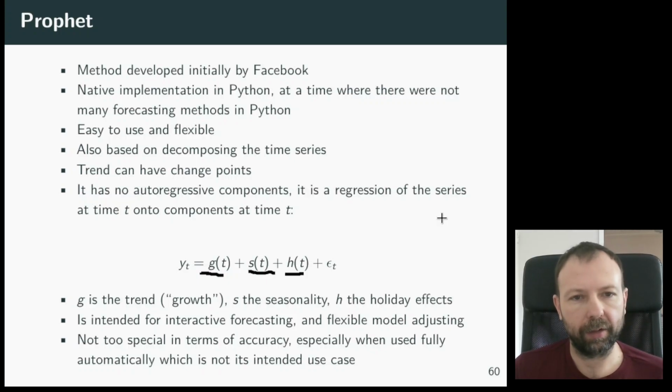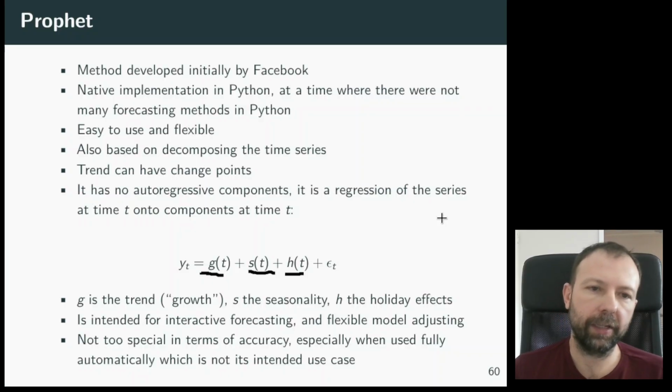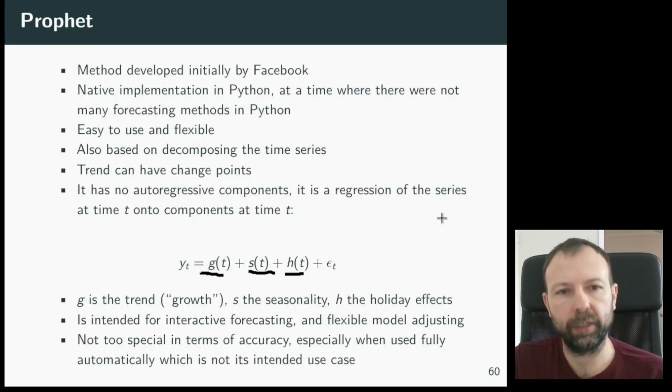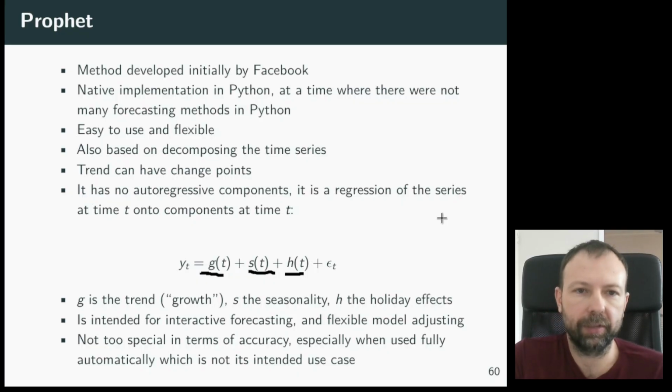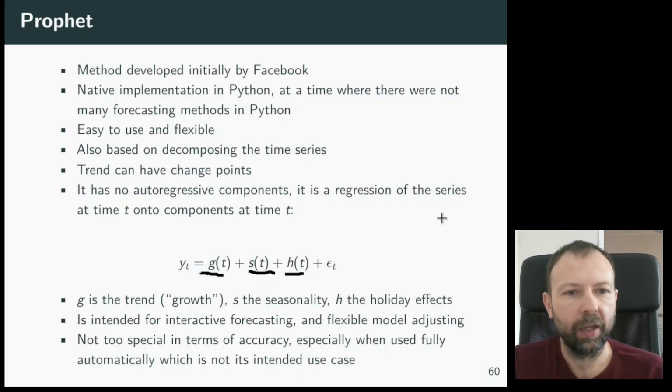And now Prophet lets you do that. So it's all about interaction with the forecast, flexibly choosing certain trend forms and so on. And what that does is that, yeah, it's not too special in terms of accuracy, especially in the short term, because it doesn't have autoregressive components.